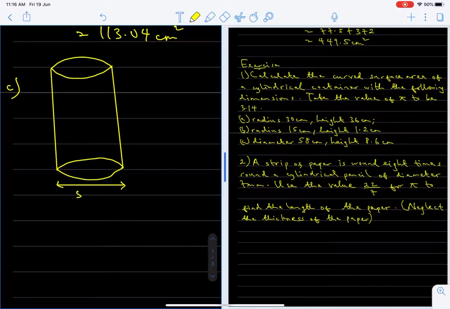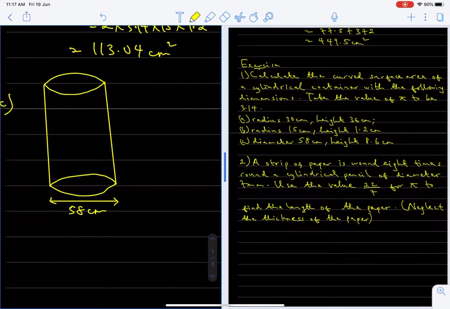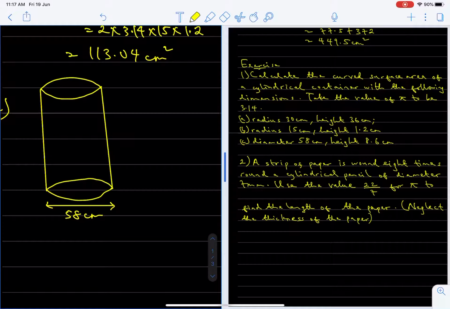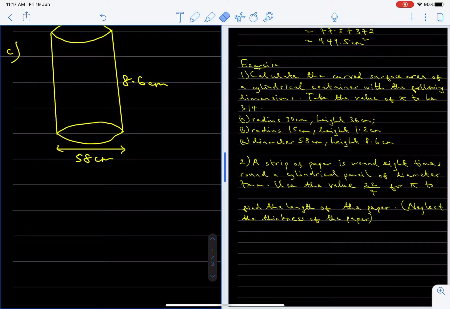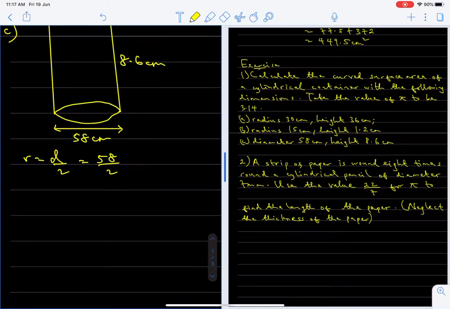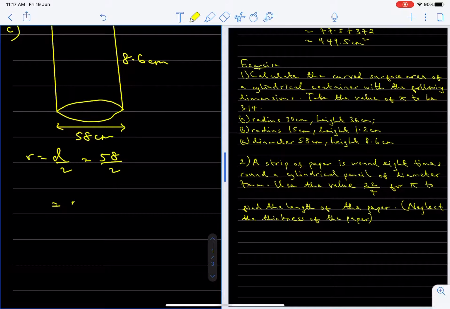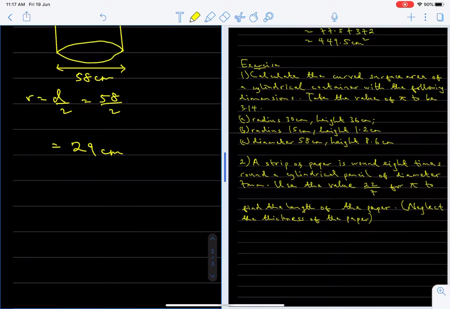The diameter of this cylinder is 58 centimeters, and its height is 8.6 centimeters. So, if diameter is 58, radius is diameter over 2, which is 58 over 2, and that's equal to 29 centimeters.